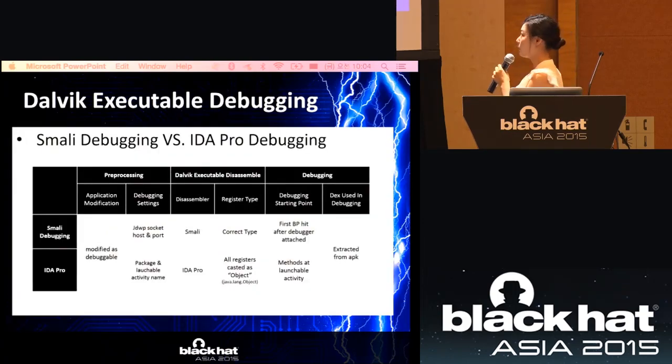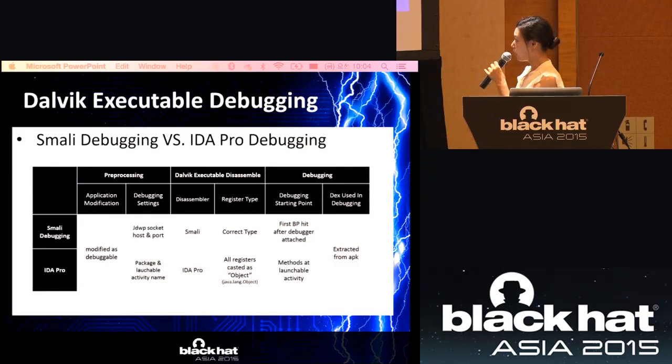This slide compares Smali debugging to IDA Pro debugging. Basically, both debuggers need applications to be debuggable. It's just a default option for a debugger to debug an application. Both debuggers also require debugging settings. In the case of Smali debugging, it requires JDWP socket, host, and port information.